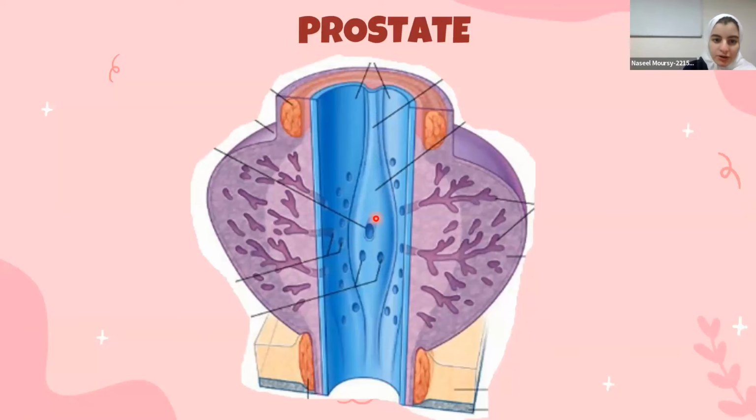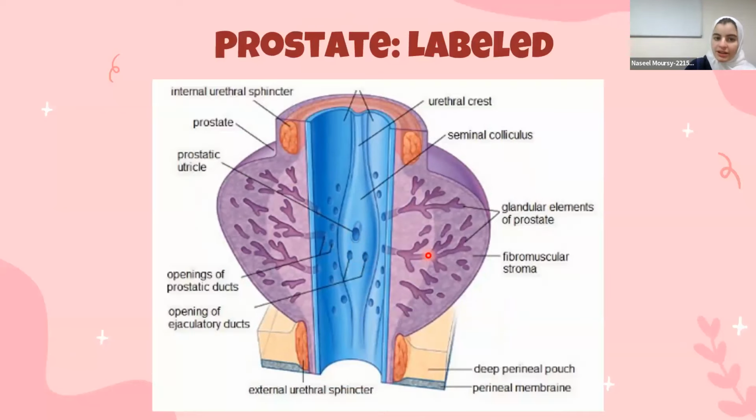So we have the utricle, and then below it we have two openings. What are they for? Ejaculatory ducts. Good job. So this is basically what you have to know about the prostate. This labeling is very important. They love to ask about the utricle. They love it. If it's not there, I don't know what would be there.